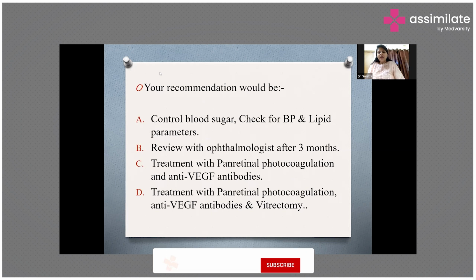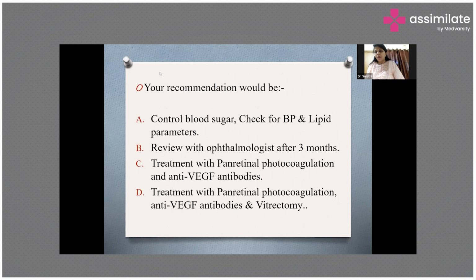But still, if she's coming with the report of proliferative diabetic retinopathy, my first line of management will be pan-retinal photocoagulation and anti-VEGF antibodies. And if the symptoms still persist even after pan-retinal photocoagulation, the patient comes after a few months with similar symptoms, then this is a case of advanced diabetic retinopathy.